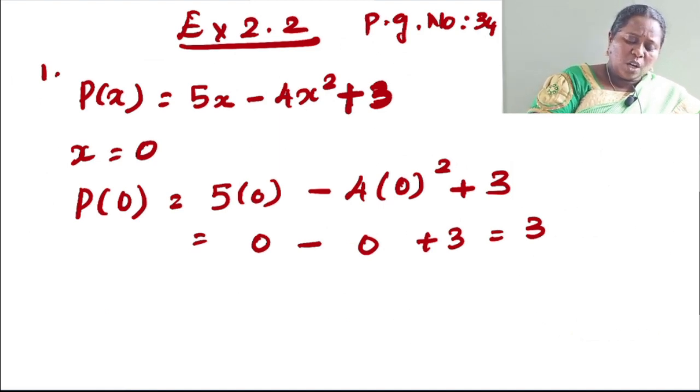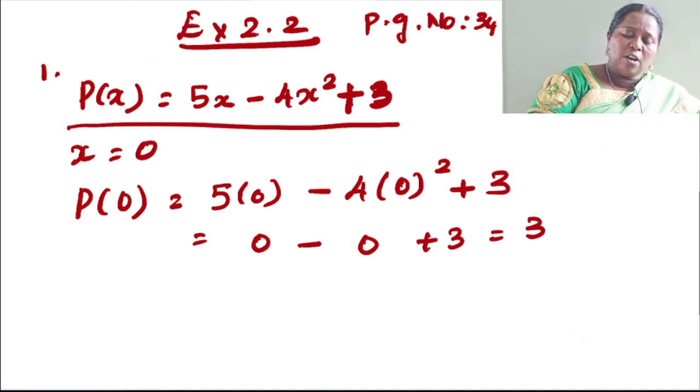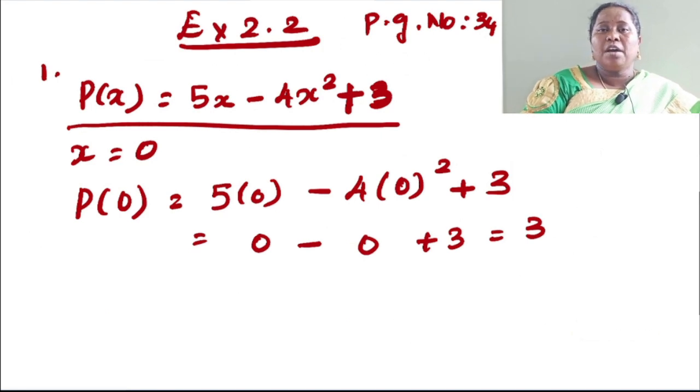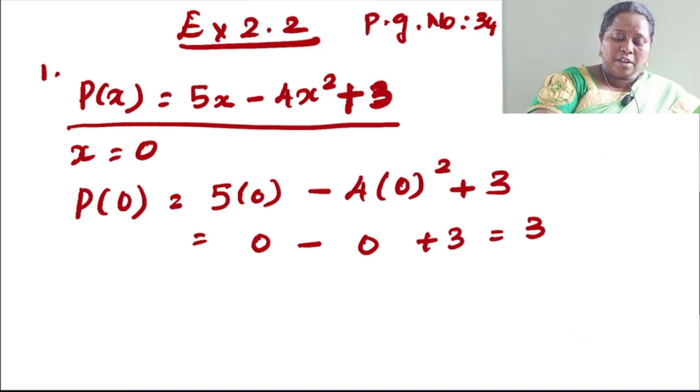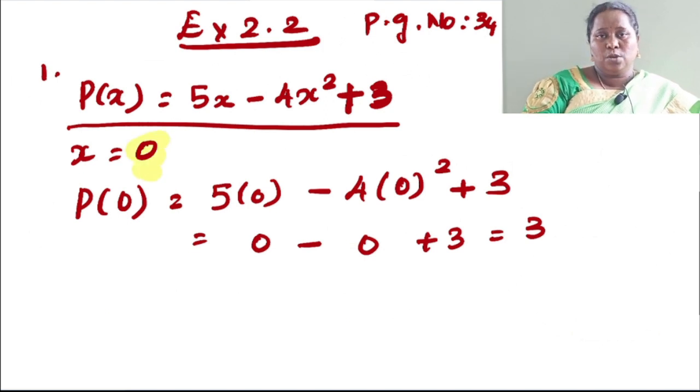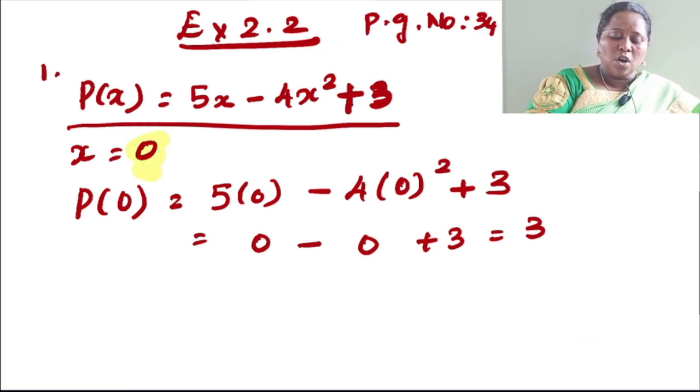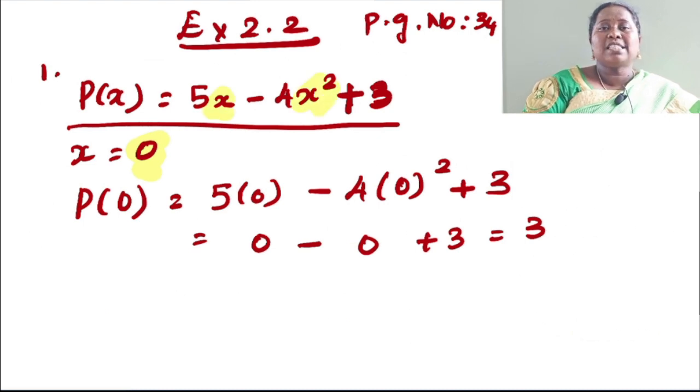Once again I will repeat, p of x is equal to 5x minus 4x squared plus 3. Here they have given x is equal to 0, so I have substituted all the x values as 0. So p of 0 is equal to 5 into 0 minus 4 into 0 the whole square plus 3.